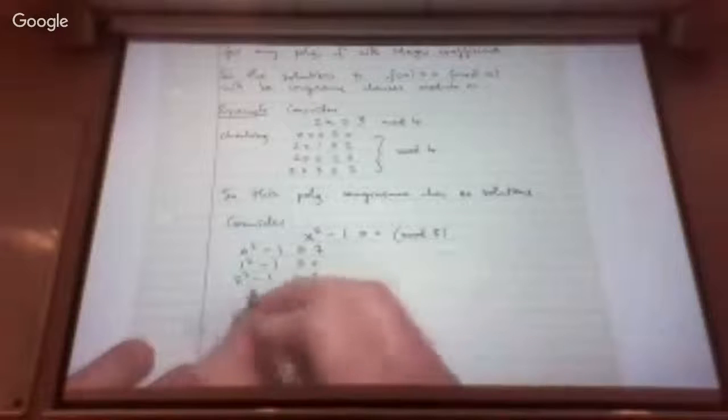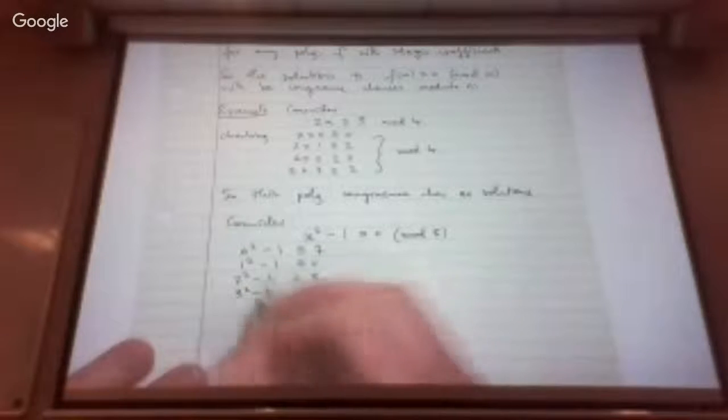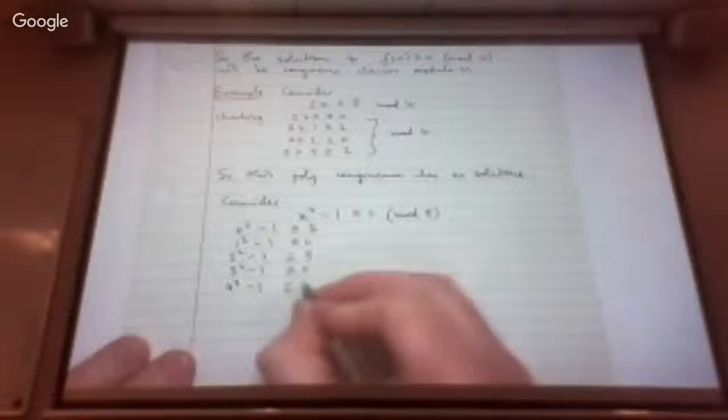Okay, so we do have a solution. 1 is a solution. 2 squared minus 1, so it's 3. 3 squared minus 1, so it's 9 minus 1 is 8. Okay, so that's 0. 4 squared is 16, minus 1 is 15, but that's the same as 7 mod 8.